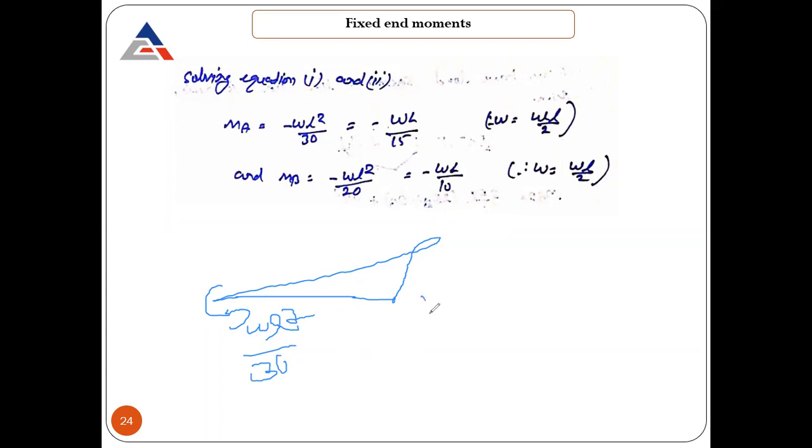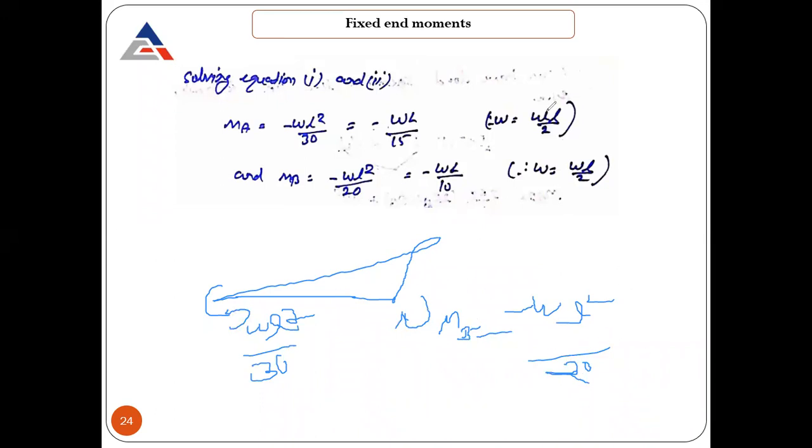And here the fixed end moment comes out to be MB, which is equal to minus WL square by 20. I'm not able to draw it properly because with the mouse it's difficult to draw. So these are the values, guys.